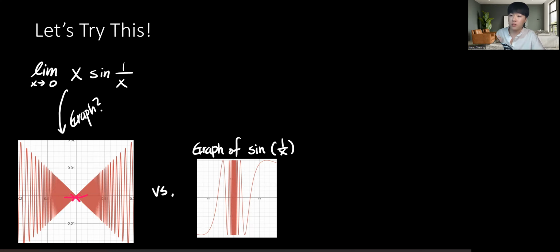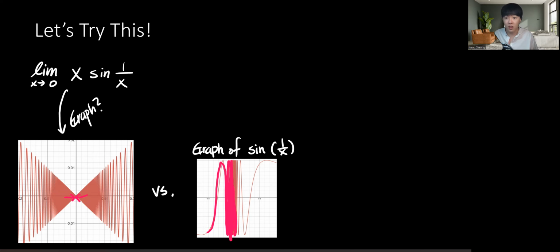But I told you in the first lesson that whenever the function is oscillating, there's a high chance that it is a DNE. For example, let's look at the sine 1 over x function like this. As you see, the function value is oscillating between 1 and -1. Because this is oscillating infinitely, we cannot evaluate whether the left and right limits are equal.